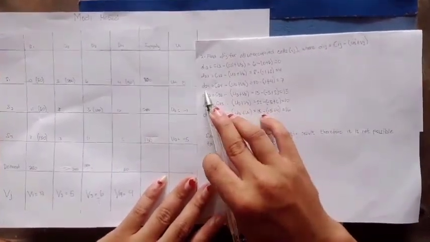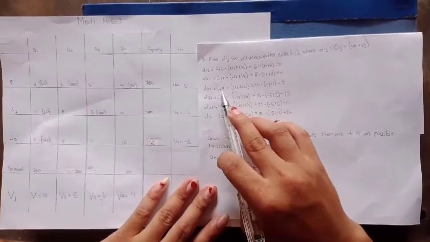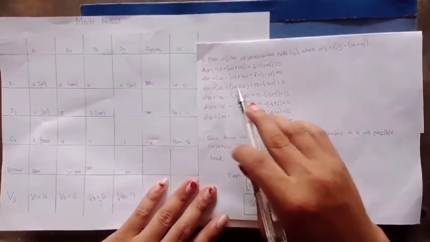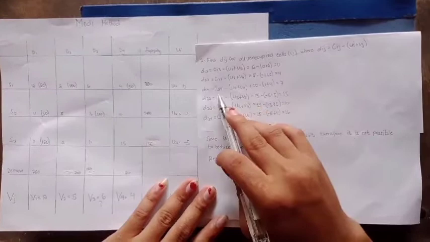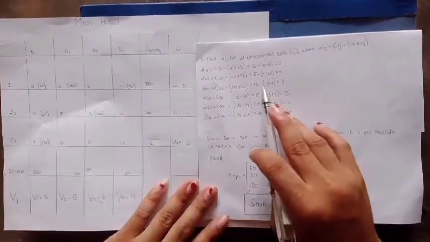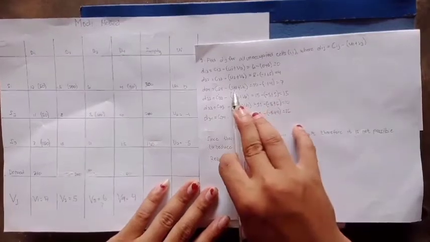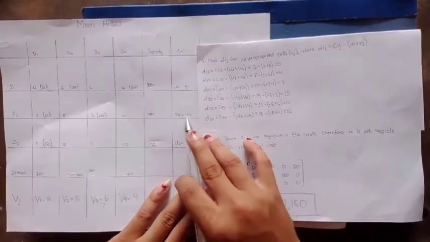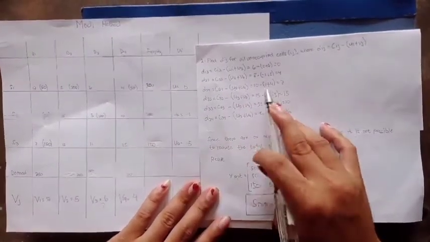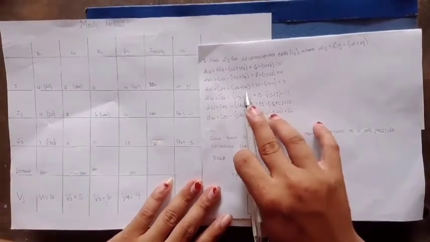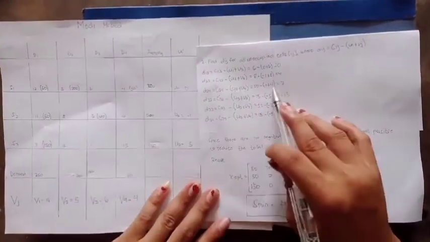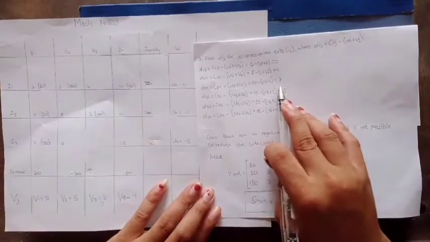Next is D24 is equal to C24 minus U2 plus V4. Our C24 is 10, then minus our U2, which is negative 1, plus our V4, which is 4, is equal to 7.